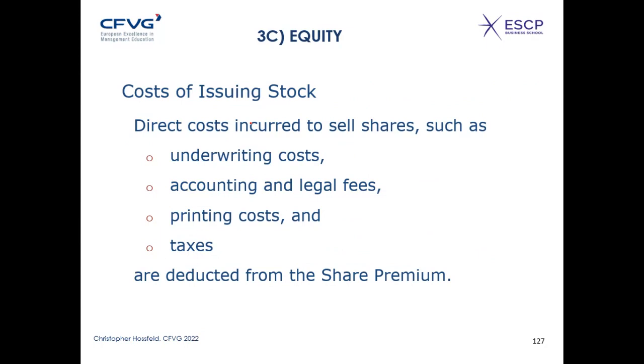Cost of issuing stock. We have underwriting costs, legal fees, investment banking, printing cost, maybe taxes, fees for introduction to the stock market, and the fees for the prospectus that I need to propose. All these costs are not considered as expenses. They are deducted from the share premium directly.